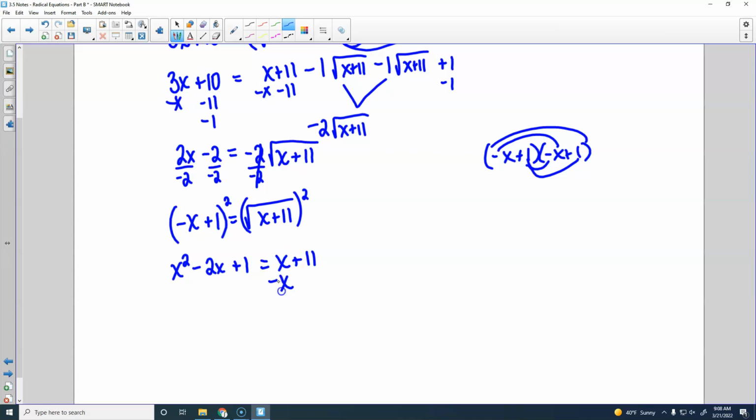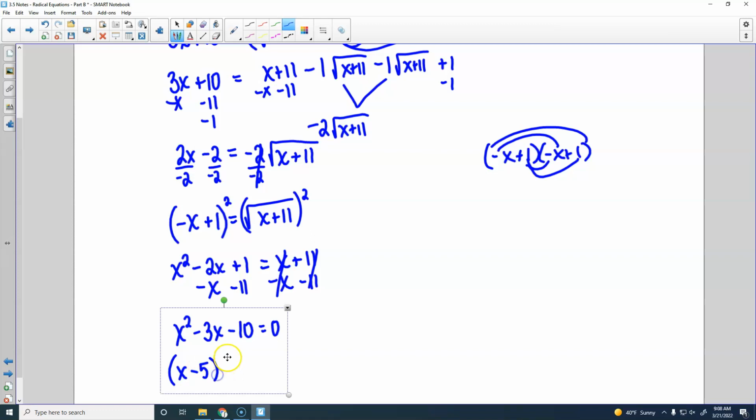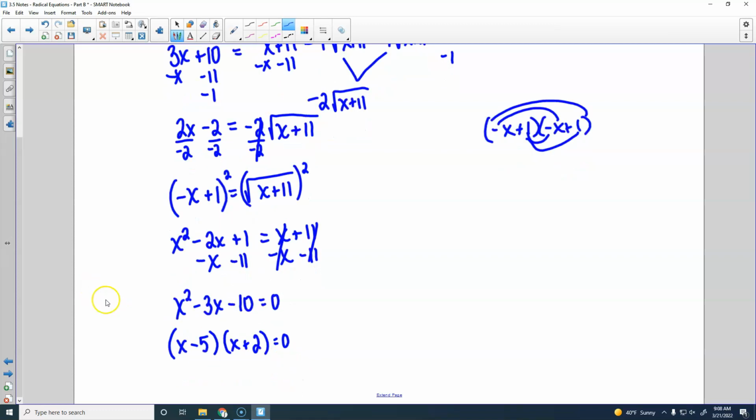So we will subtract this x, we will subtract the 11. So x squared minus 3x minus 10. And that will give us x minus 5, x plus 2. And that will give us x equals 5 and x equals -2.